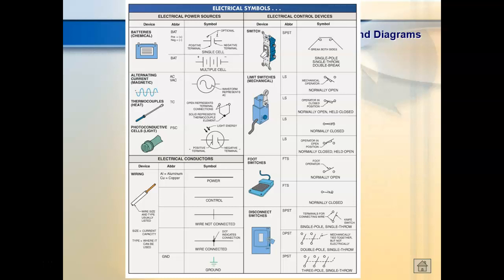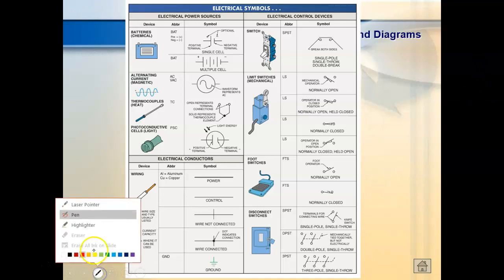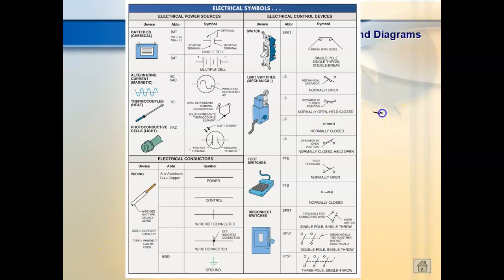Everybody okay there? The symbol that they've got out for a switch is not right. That's a push button. The switch for these types of switches, they only break one contact. They're not double break contact. They're single break. So the symbol of a single break switch would look like this.